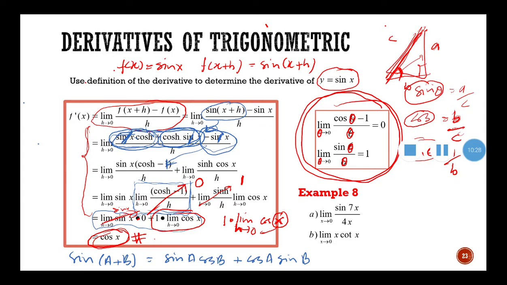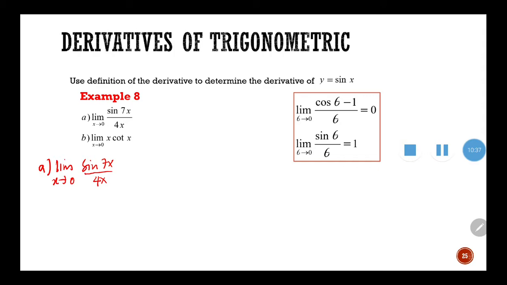So now let's discuss these two examples. In the next slide, I have no more space here. For example A, you see the limit as x approaches 0 of sin x over 4x. If you directly substitute here, what will you get? sin 0 is 0.